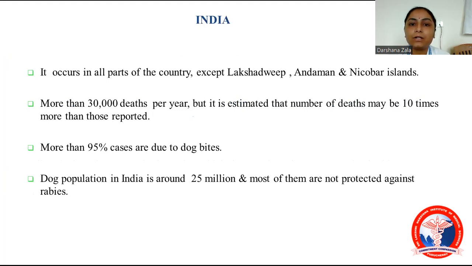In India, except Lakshadweep and the Andaman and Nicobar Islands, all parts of the country report rabies infection. According to the WHO report, more than 30,000 deaths per year are because of rabies. But if we consider underreporting, the actual scenario will be 10 times higher than the reported deaths.